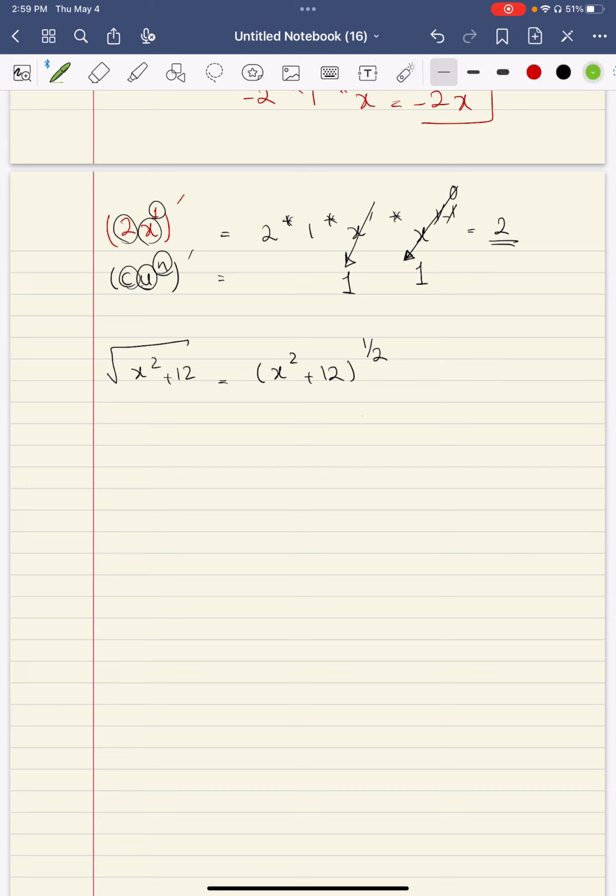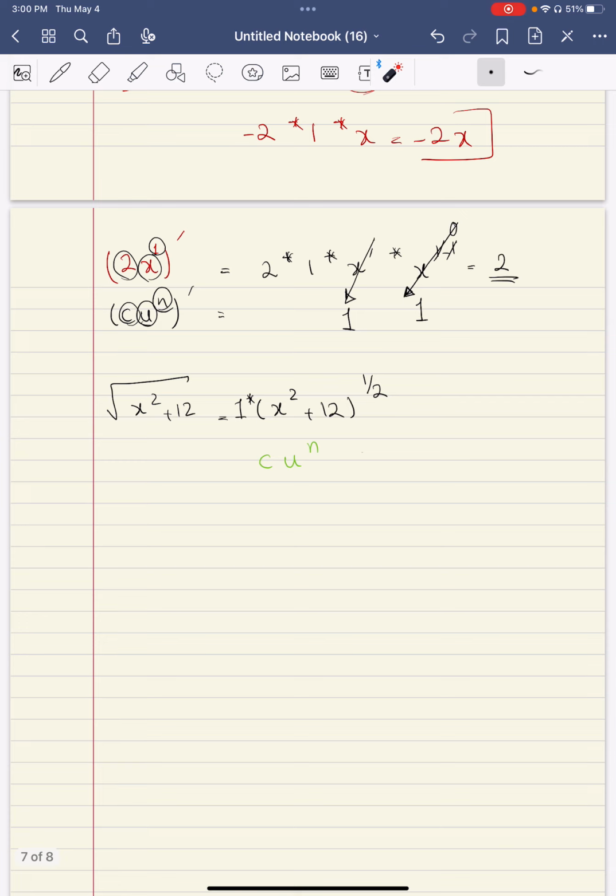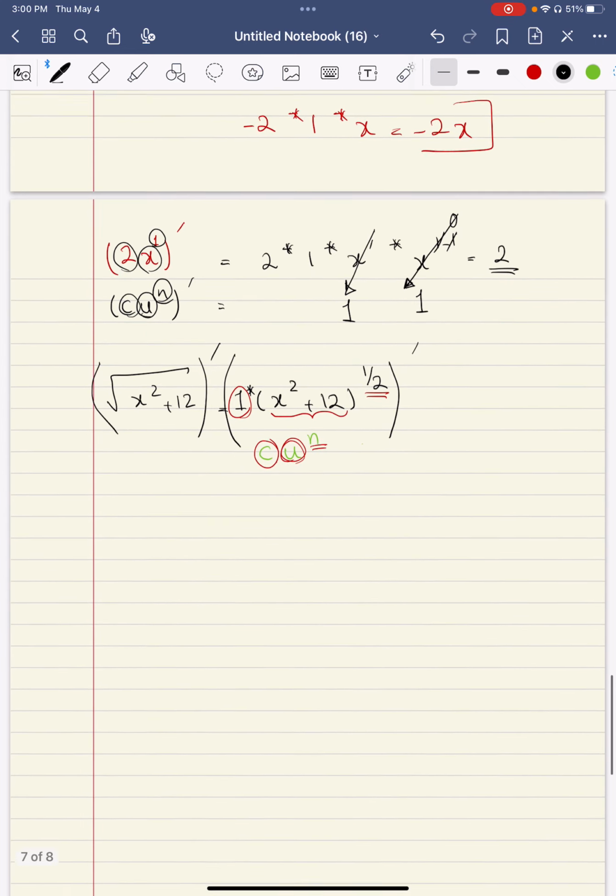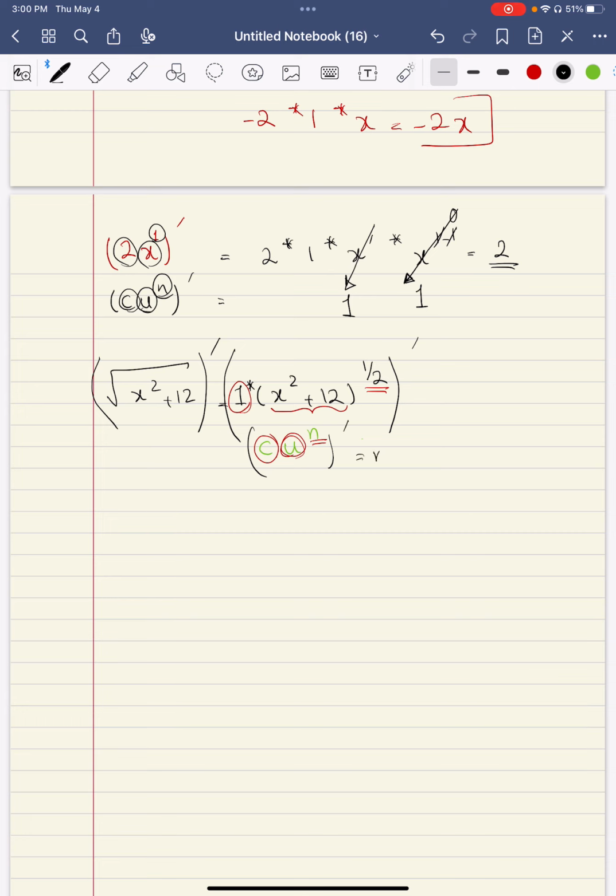In our cheat sheet, we had this formula again. I can write 1 times this, it doesn't harm. So the c in here is 1. The u in here is all of this part, and the n is 1 over 2. So I want to find the derivative of this. If we take a look at the formula, it is n times c times u prime times u to the power of n minus 1.